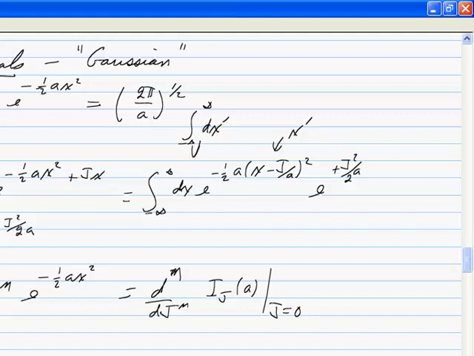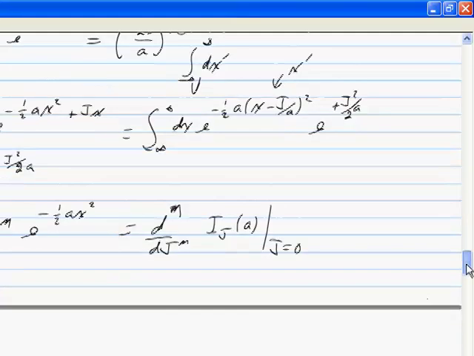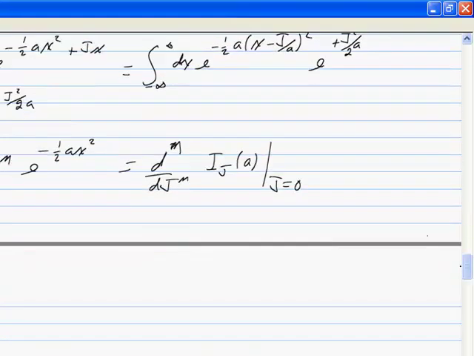So if you go back to the original definition, every time I take a derivative with respect to j, I bring down a power of x. So I take n derivatives, I bring down n powers of x, and so I can do all this integral by just taking derivatives. And that's what we'll do in field theory. That's going to be a big field theory trick.